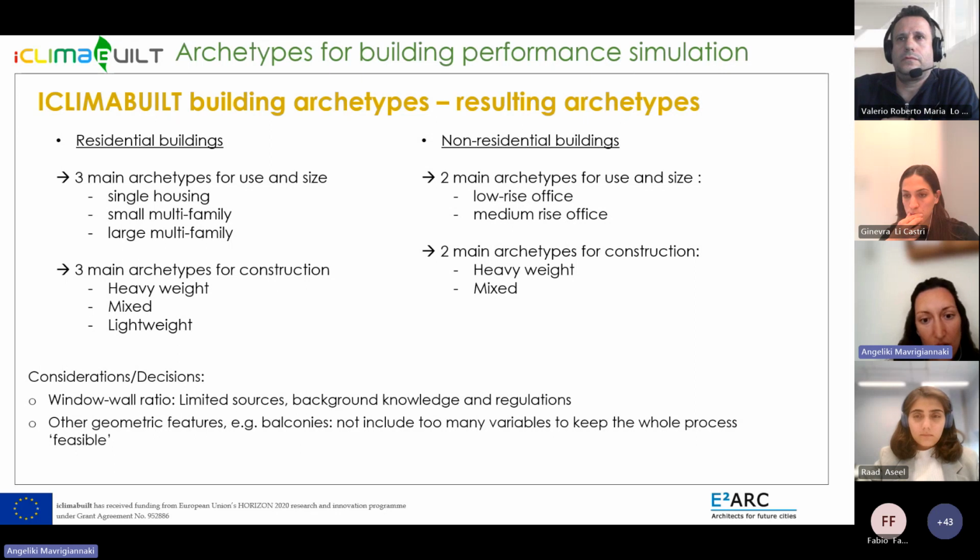For example, all single houses have the same window-to-wall ratio for the same period that they represent. Then for other geometric features like balconies, it was decided, in order to keep the whole process more feasible, to eliminate those from the description of the archetypes.